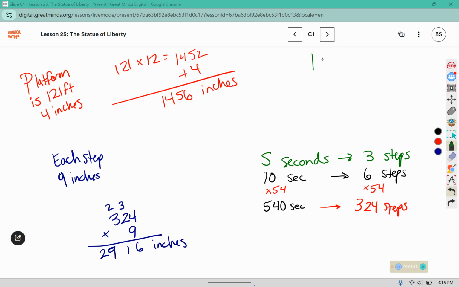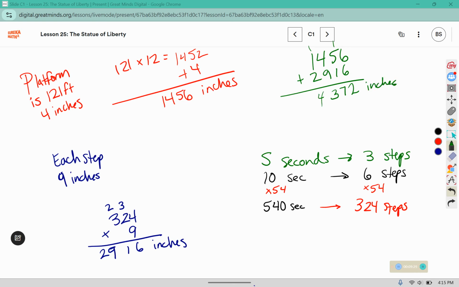We have 1,456 inches for the platform, plus 2,916 inches for the statue. 6 plus 6 is 12. 5 plus 1 makes 7. 4 and 9 make 13. 2 plus 1 is 4.